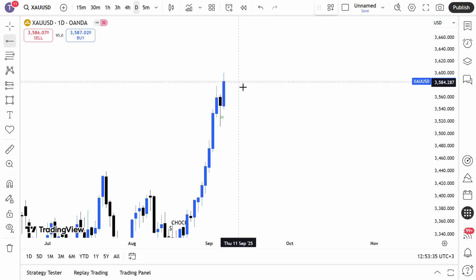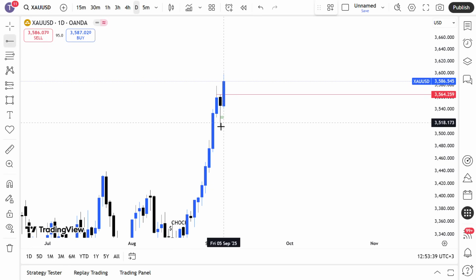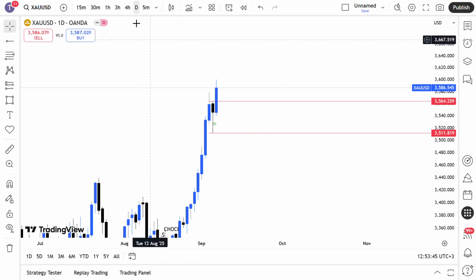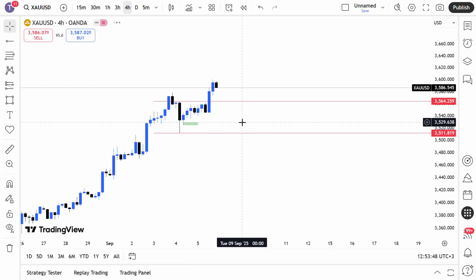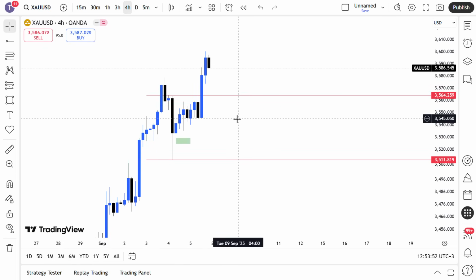So if I have this as my order block that I expect the market to mitigate before going up, I will be expecting to see, let's say maybe from the 4 hour time frame, an order block that the market can be respecting.